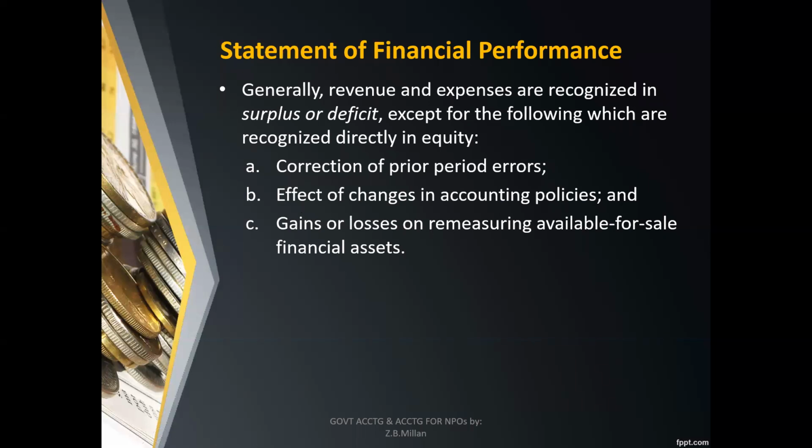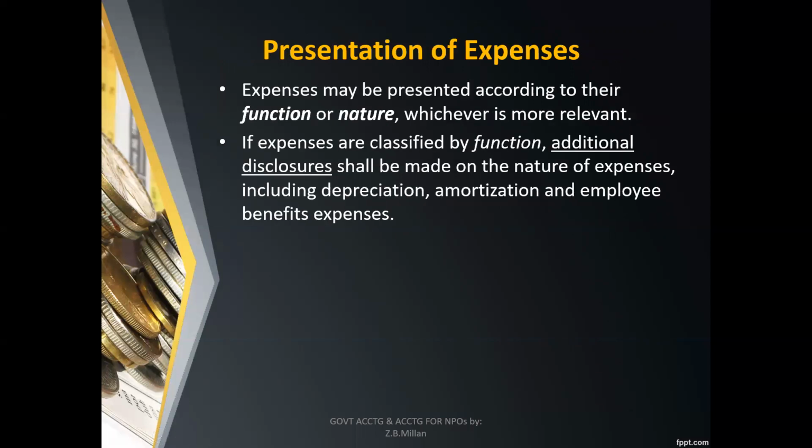Again, revenue and expenses in general are recognized in the statement of financial performance. And then these three are reported directly in the equity. Okay, it is not presented in the statement of financial performance.